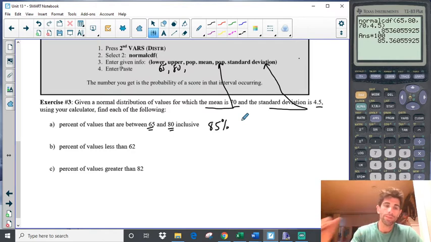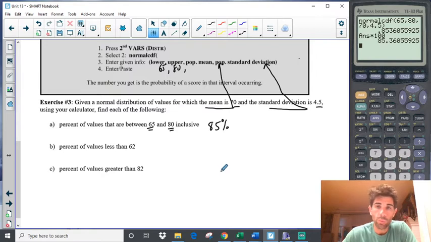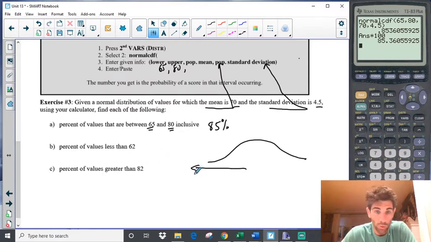Now, in B, we're saying the percent of values that are less than 62. If you think of a curve here, we don't know how far or how low these scores go. So if it's saying less than or greater than, they're not giving you a boundary.